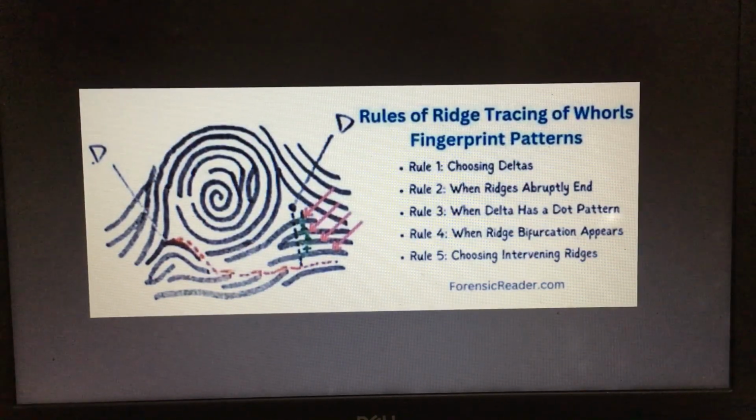So that is all. And for the rules of ridge tracing of whirl fingerprints: rule number 1 is choosing deltas. Rule number 2 is when ridges abruptly end. Rule number 3 is when the delta has a dot pattern.